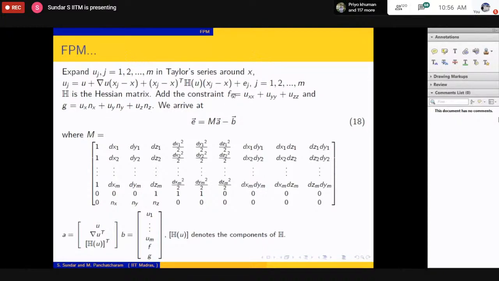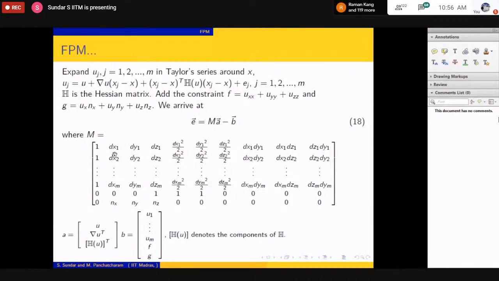So now you look at, you will have more number of points and a less number of unknowns. Your unknowns are all the possible derivatives. So basically you have more equations and fewer unknowns. Okay. So I'm using an error term for every point. Then when I'm writing it in vector form, it is equal to MA minus B, where M is exactly this one.